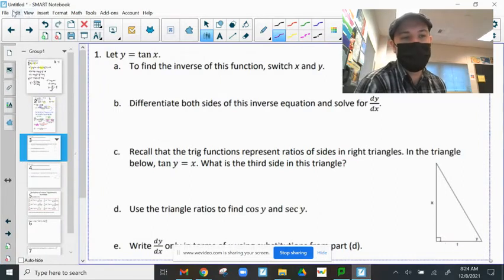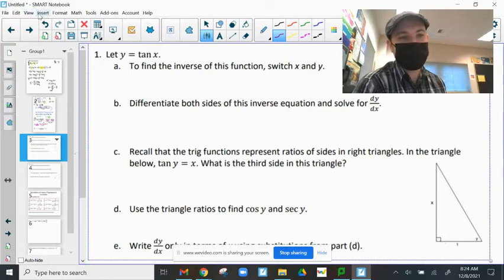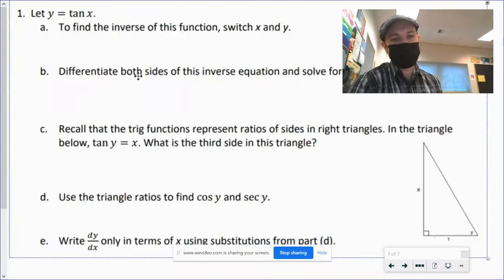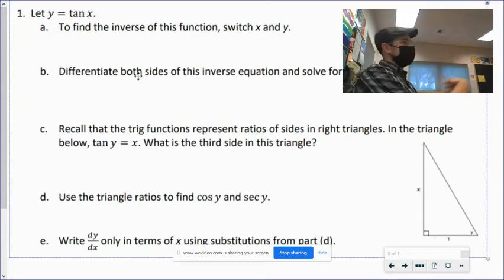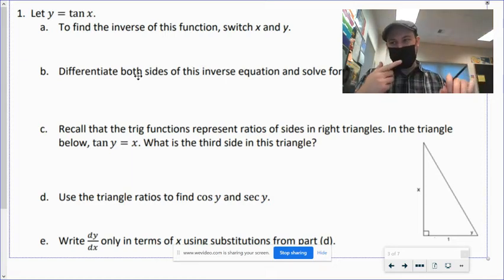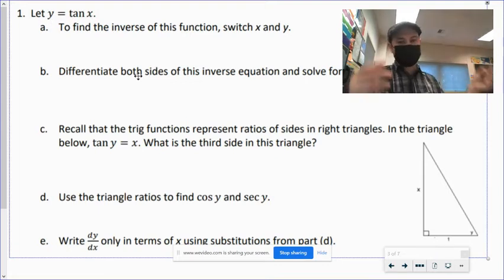Yep, correct. This is 3.8, which is the derivatives of inverse trigonometric functions. Of course, recall that we know the derivatives of the trig functions. We know the derivative of sine, cosine, cosecant, cotangent, tangent, secant. We know the derivatives for those. But there are times when we need to know the derivatives of their inverse equivalents.